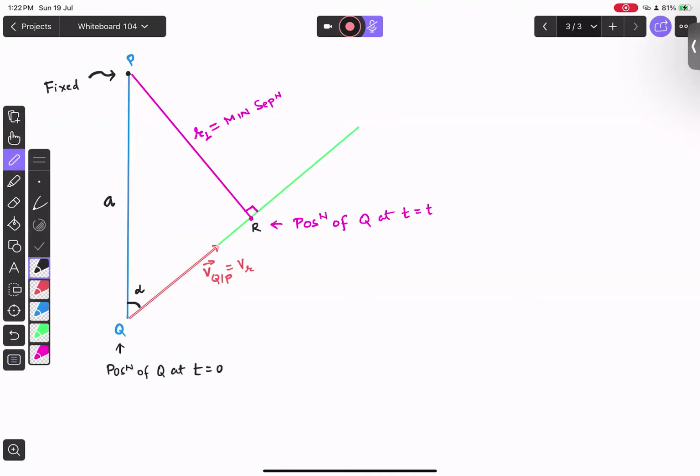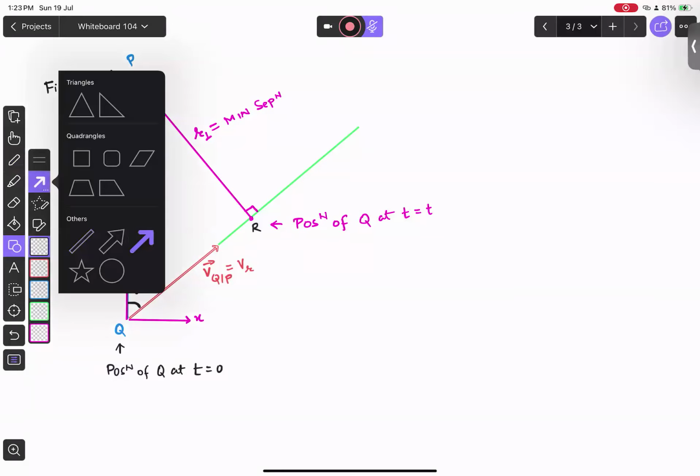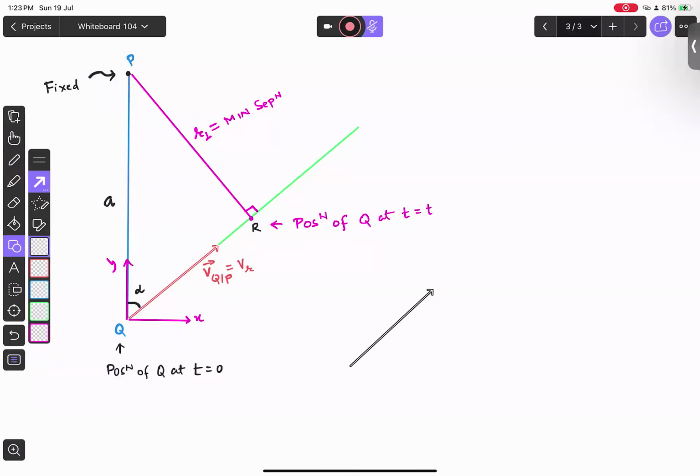But still, if you want, consider this as our y direction and this as our x direction, just for easy understanding. So what is the velocity of point Q with respect to P? Let me draw that here.